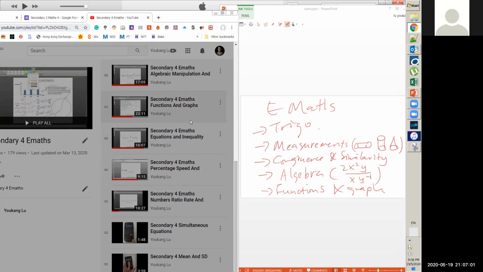Ratio means like the number of stickers I have to the number of stickers you have is 2 to 3, and then we have a total of 70 stickers. So how many stickers do you have? That kind of question. Isn't it a primary school question?